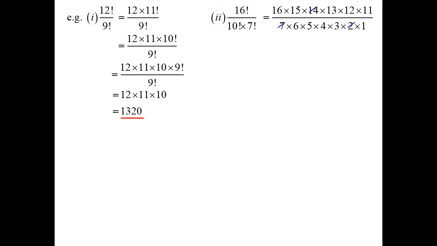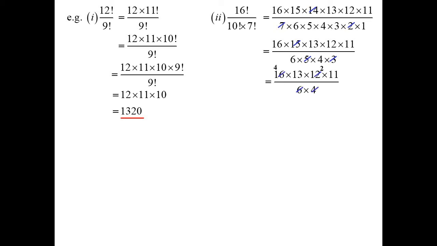And we should see a whole heap of cancelling. So I could go, oh look, 7 twos are 14. Bang, that goes. So now I've got 16 times 15 times 13 times 12 times 11 on 6 times 5 times 4 times 3. But hang on, 5 threes are 15, so I can cancel those out. So I now have 16 times 13 times 12 times 11 on 6 times 4.